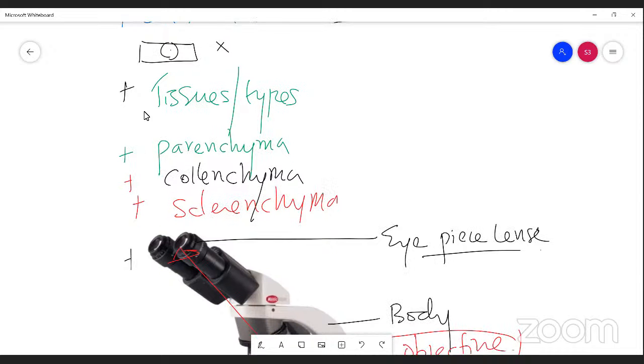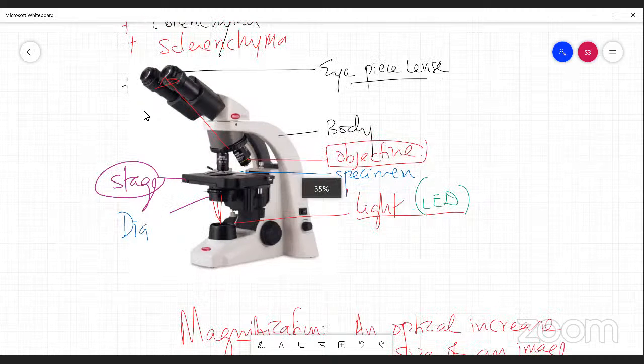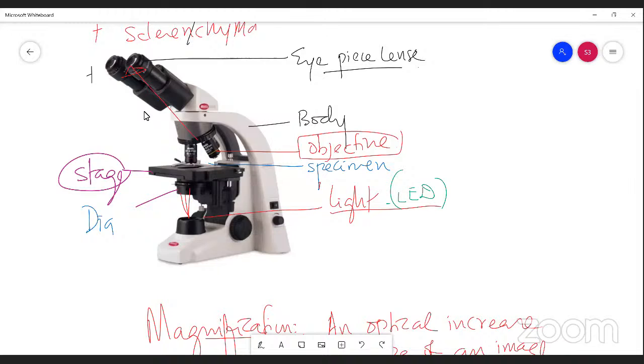Could you mention where the LED bulb is fitted, at the bottom of the microscope or the top? Bottom of the microscope. And could you mention where the high-power lens is fitted? At the top of the microscope. Very good.